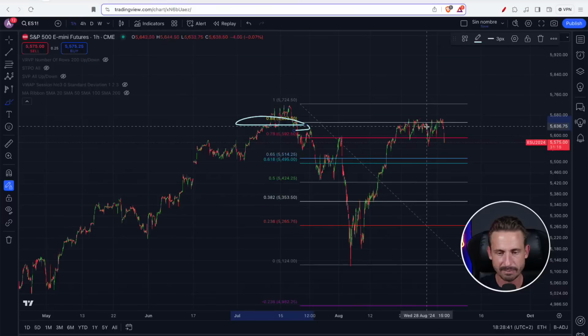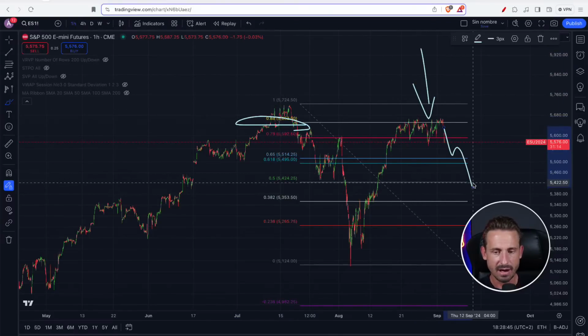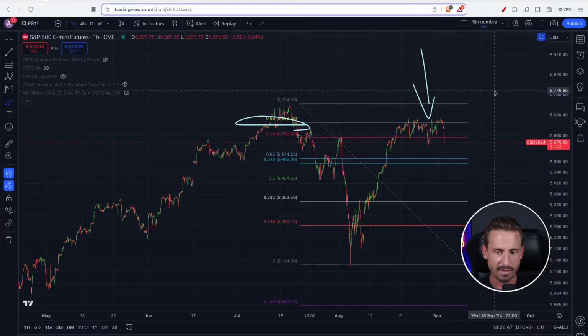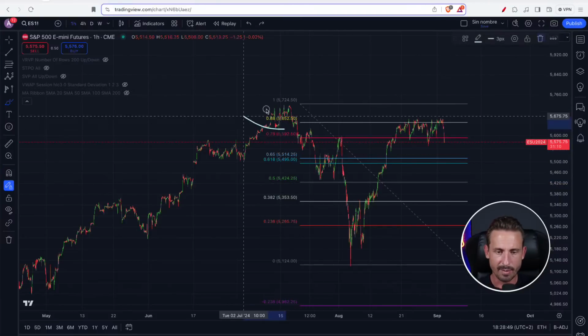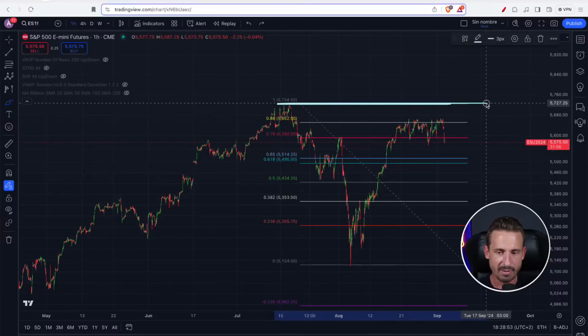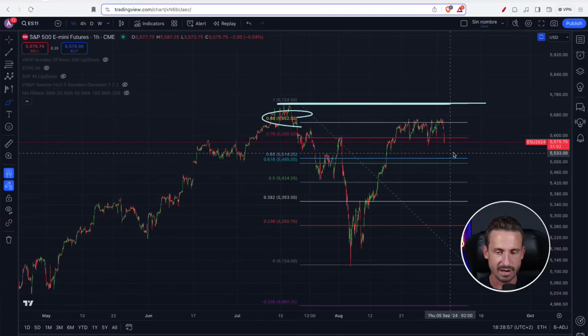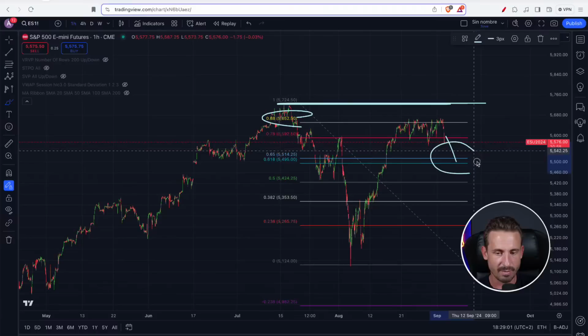0.88 Fibonacci. If 0.88 is hit, even though we do correct here, I do believe that we are going to hit all-time highs in the next coming weeks, guys. Coming all the way up to the 0.88 Fibonacci, there's an extremely high probability that the all-time highs are going to be hit in the next coming weeks. So even though we pull back, this would not be a panic pullback.